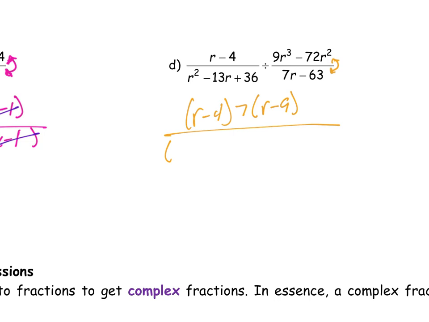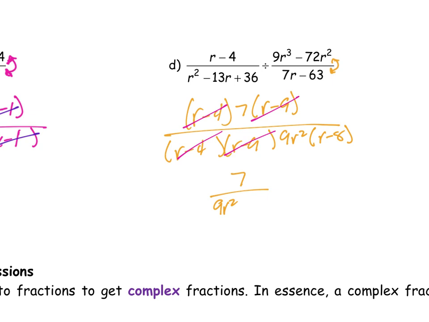And then this first one factors to r minus 4 times r minus 9, and then I can take out a 9r squared, which will leave me with r minus 8. Okay, so the 4s go away and the 9s go away, and I get left with 7 over 9r squared times r minus 8.